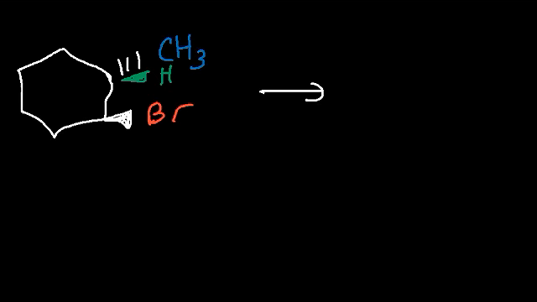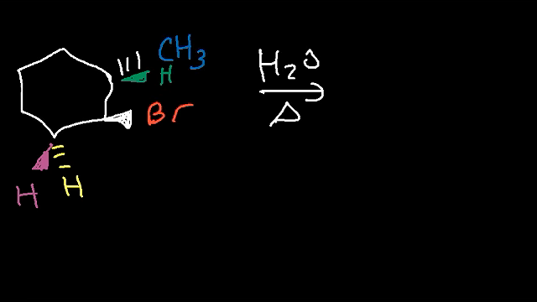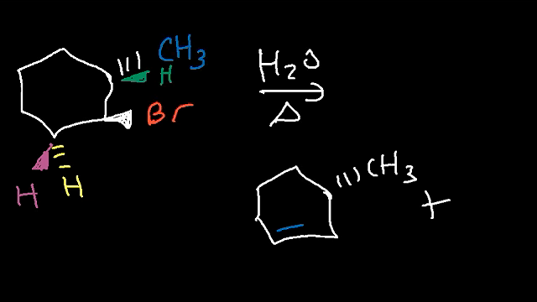But using the E1 reaction, we can remove any hydrogen because the E1 reaction can occur by syn elimination or anti-elimination. So if we were to use water or methanol with heat, we can get both products. The double bond can form here, and it can form here as well for the E1 reaction.